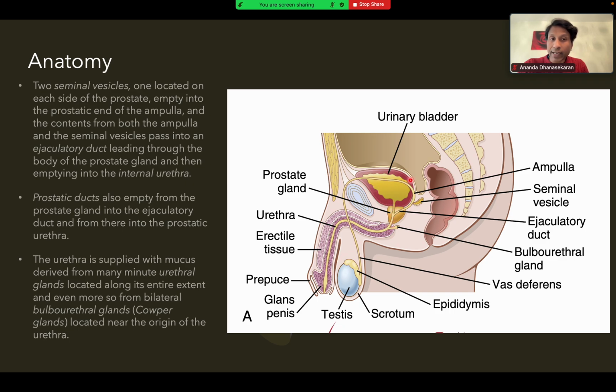So this is the bladder in which the urine stores. This is the bladder neck. And then we have the prostatic urethra. Once the prostatic urethra is completed, we have the starting of the bulbar urethra, then the membranous urethra, and then the penile urethra.